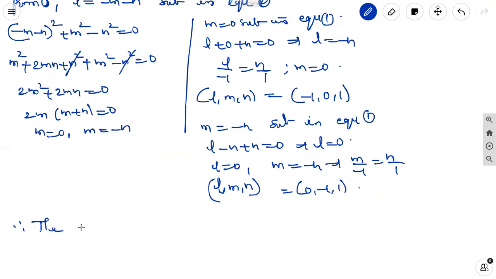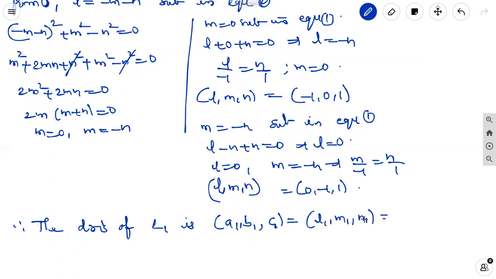Therefore, the direction ratios of line 1 are a1, b1, c1, which is minus 1, 0, 1. In general, direction ratios are denoted by a1, b1, c1.